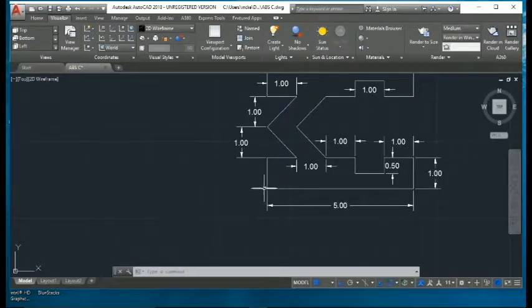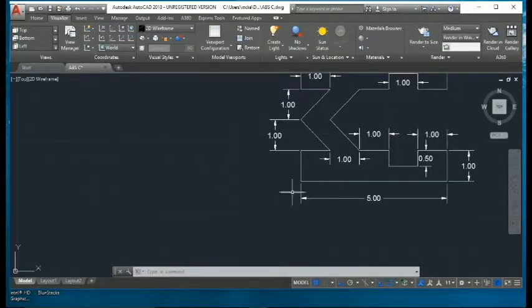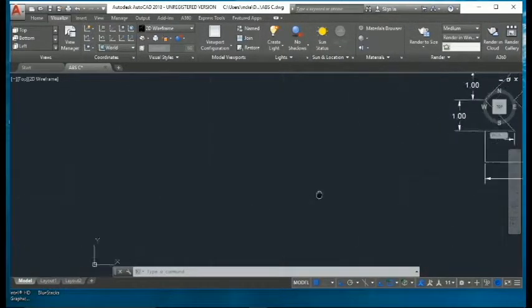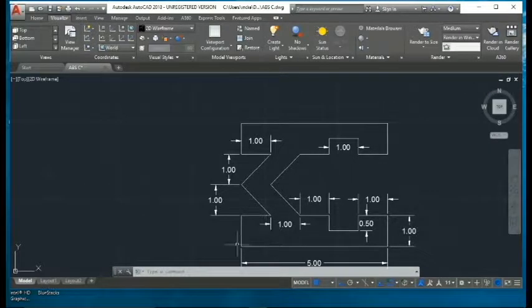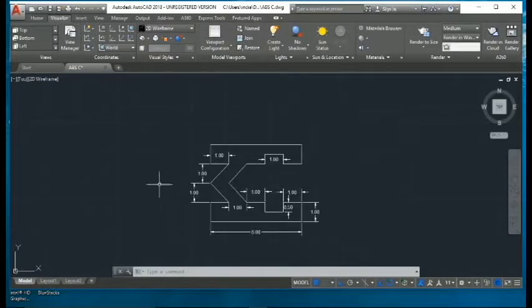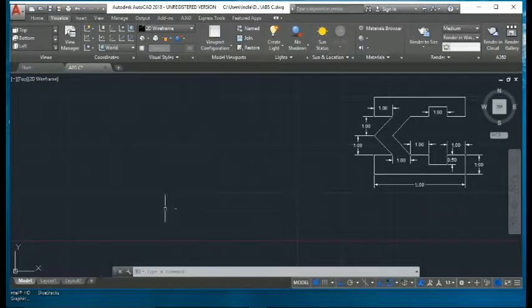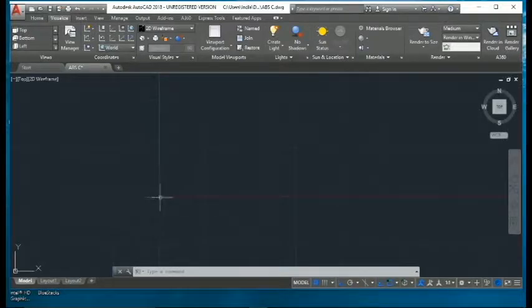Assume this point is the first point, so it will be 0, 0. This point will have the coordinate value 0, 0. And look at this figure, all the drawing is drawn with the line command. So the first point of our line will be the origin.